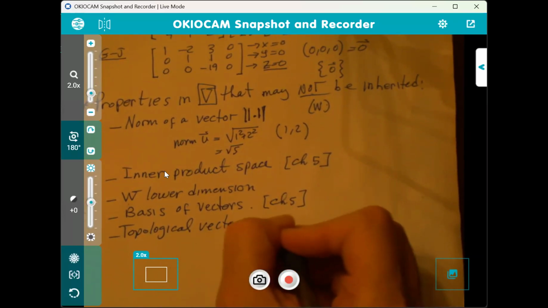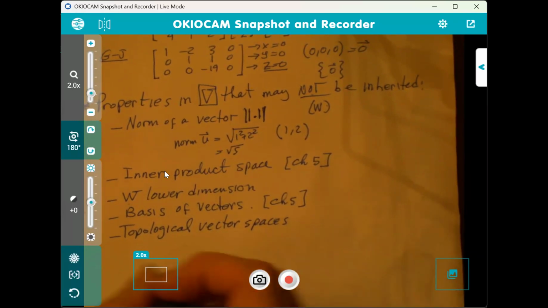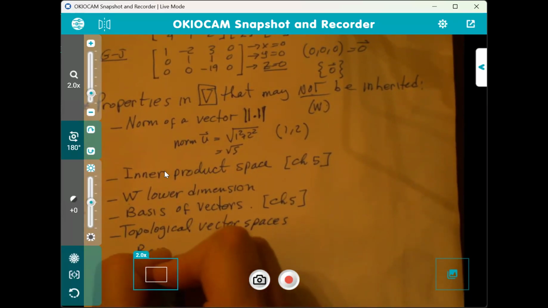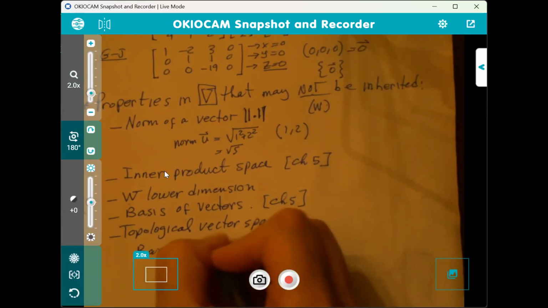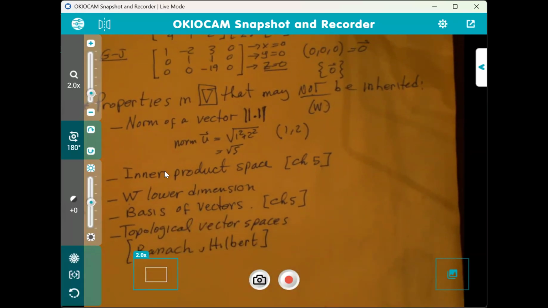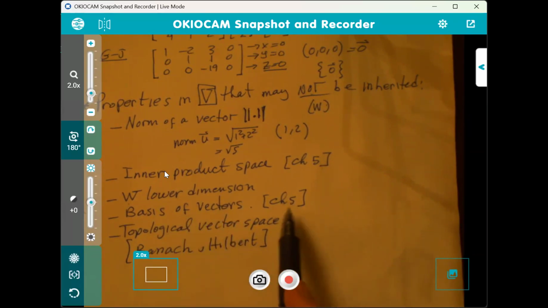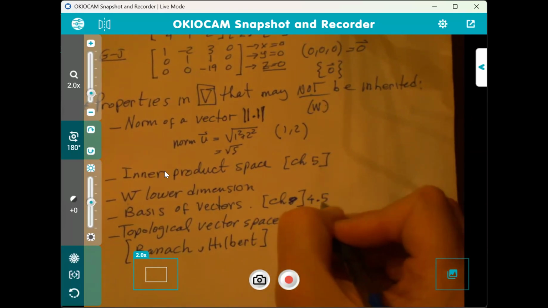An example of these, you may have heard of these topological vector spaces. I'm not sure if anyone's heard of Banach vector spaces and Hilbert. So these are not inherited again. Okay. Oh, and let's see, the basis, actually, we'll look at the basis in not chapter 5, sorry, it's chapter 4, section 5.